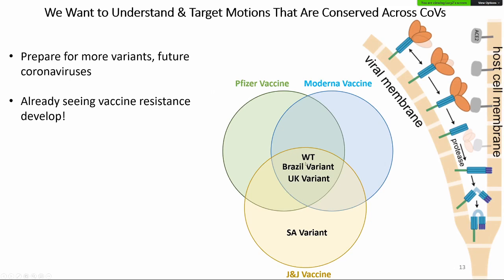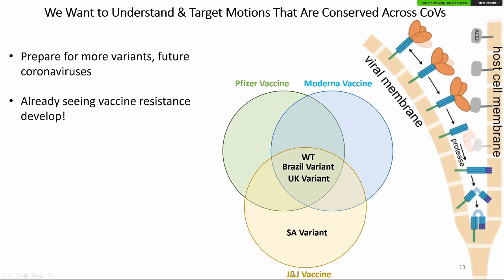And the wild type variant and the Brazil and UK variants are covered, right? We were a little worried at first, but we've gotten results that show that the vaccines do kind of elicit good antibody responses against these variants. The South African variant, though, is a little concerning because they got substantial reduction in antibody response from these vaccines against the South African variant.